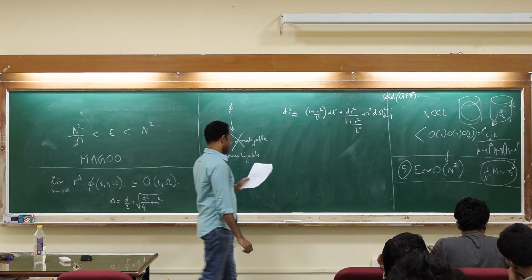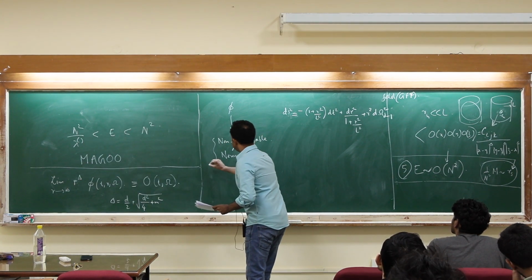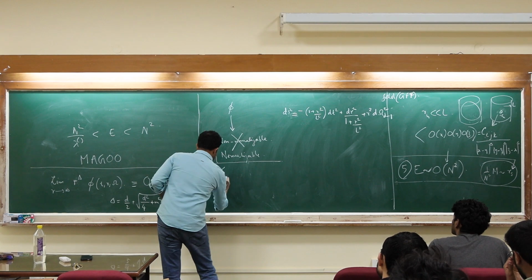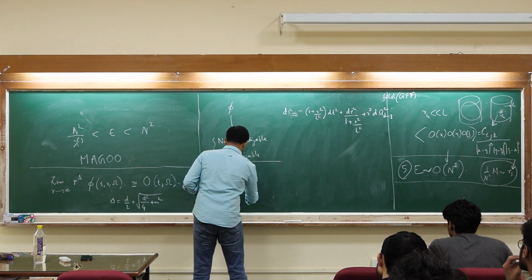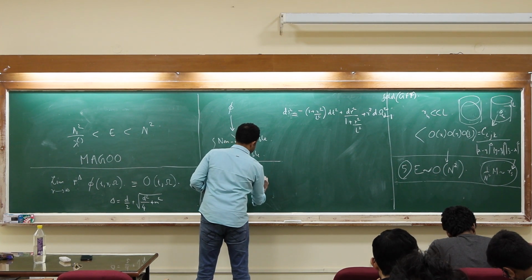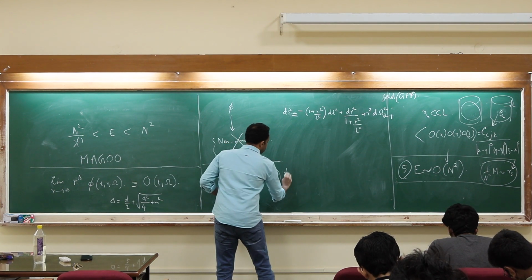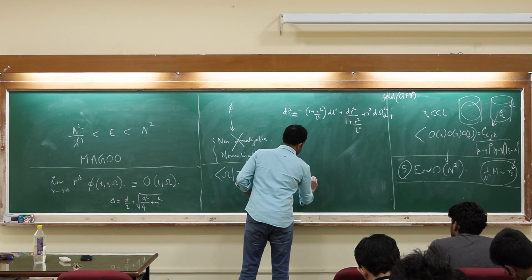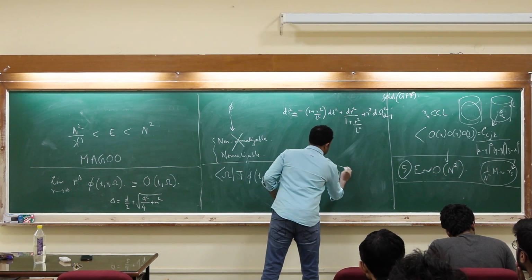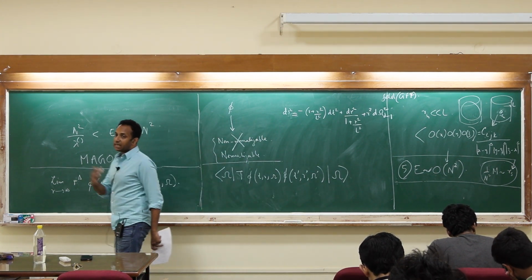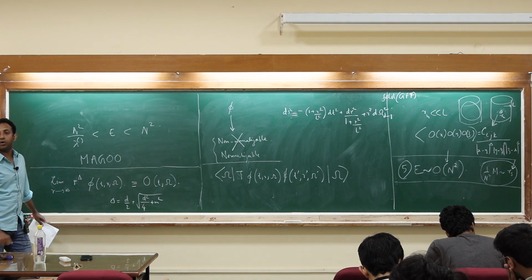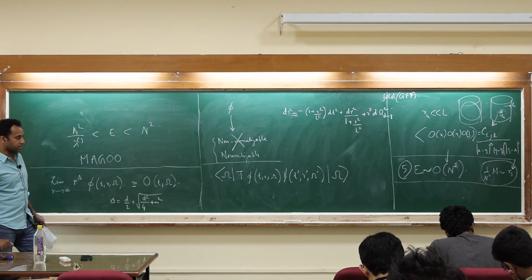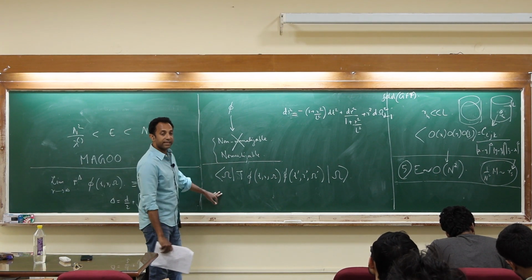With this mode, after normalizing it properly, I can compute this quantity, the time ordered correlator of phi of t, r, omega with phi of t prime, r prime, omega prime in the vacuum. This is just a bulk quantum field theory in AdS calculation. This is something that we know how to do. So this is the time ordered correlation function in the bulk of AdS.